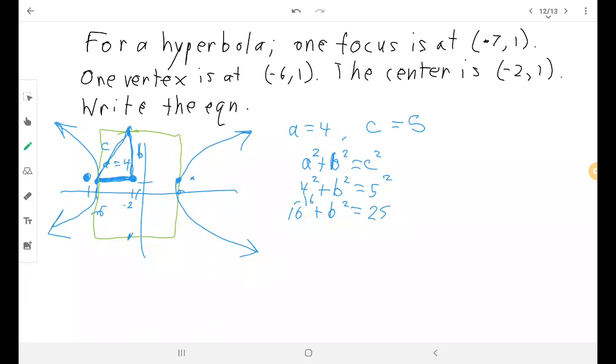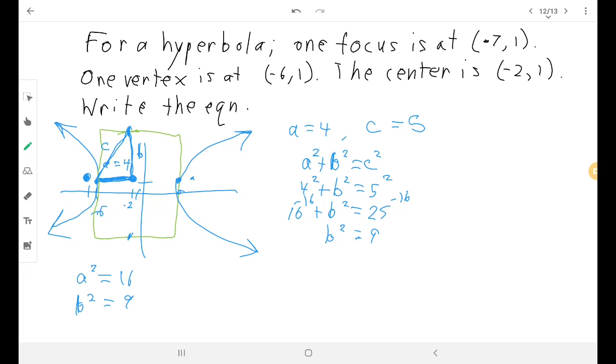I subtract 16, and b squared equals 9. And I'm looking for the equation, so what I really need to know is what a squared is, which is 16, and what b squared is, which is 9. So I just figured that out.